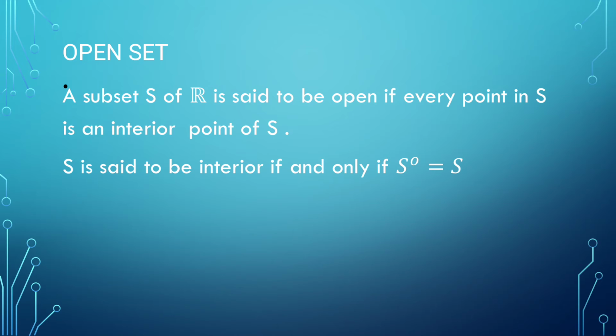Let's look at open sets. How do you define an open set? A subset S of the real set is said to be open if every point in S is an interior point. So if all elements in S are interior points, then S is a subset of R. S is then said to be open if and only if the interior set is equal to S. If you get that condition, then you say that it is an open set.